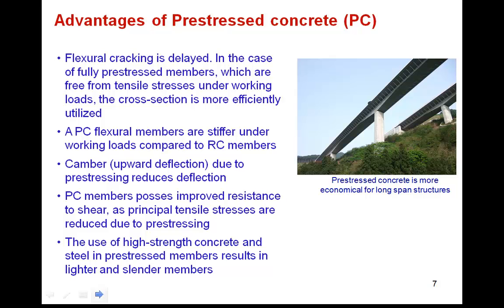If there are no cracks, it means that the flexural members are much more stiff, because the moment of inertia is contributed by the whole concrete section. So it is much more stiff than the reinforced concrete structures. And also, as we said, the cambering caused by the prestressing force will actually help to reduce the overall deflection as well.